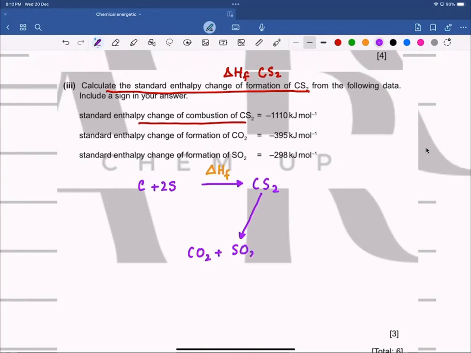Very good. Carbon dioxide is formed and sulfur dioxide is formed. As there are 2 sulfurs, 2 moles of sulfur dioxide will form. Is this clear? Yes, sir. Okay. Now if you see, they have given us its enthalpy change, which is minus 1110, right?